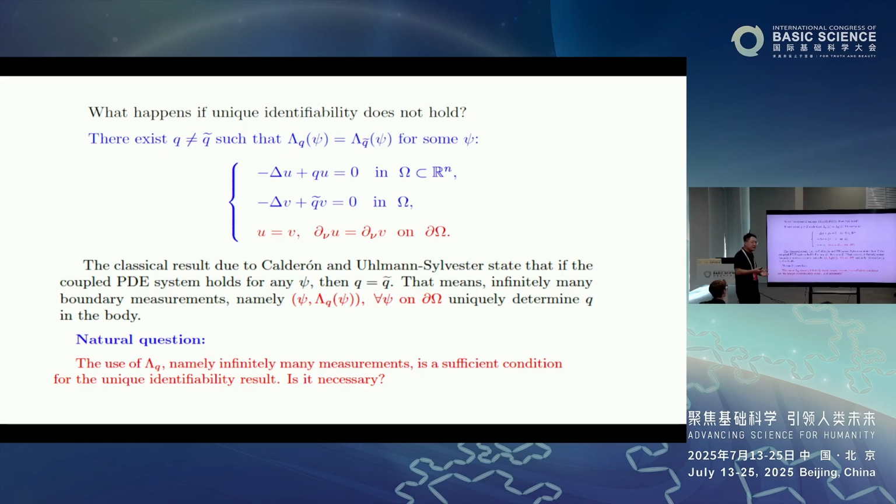Is it necessary? Can we reduce the use of this measurement data? Let's say this coupled PDE system only holds for one pair of U and V. Can we conclude that Q must equal Q tilde? This is one natural question.